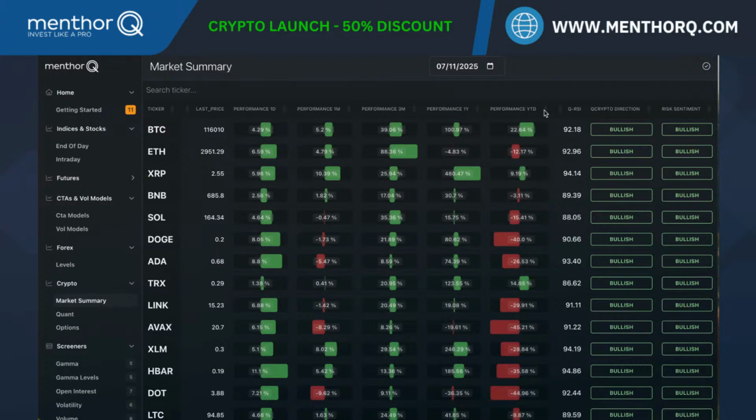So we have our new QRSI, which is proven to be more statistically relevant. I will show you where you can find this as well. We have our directional indicators. Our Q crypto direction can tell you, based on our model, if we are in a bullish or bearish trend on the crypto that you're looking for. And then this is for the overall market. Are we in a risk-on, risk-off scenario?